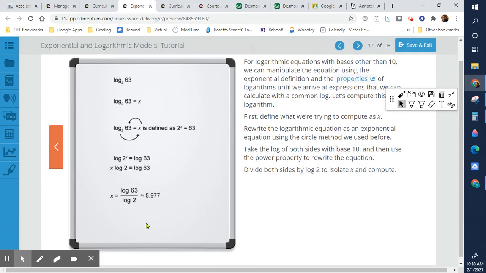So this is where I said that thing where if you ever see a log like this, you can rewrite it as log of the big number over log of the little number. So this being the case, it allows us to type it into our calculator. So this equation is equal to that. And then we can just plug that into our calculator so much easier.